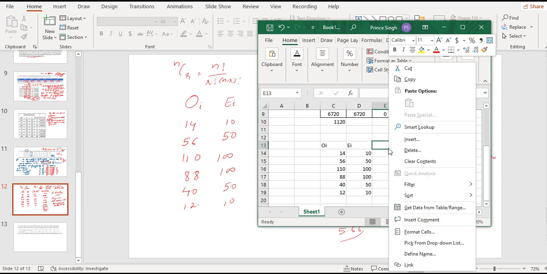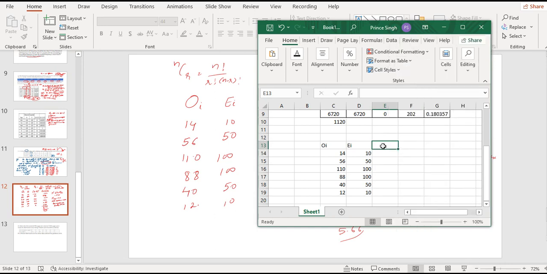Because these are the binomial coefficients, so we can easily calculate their value here. Observed frequency minus expected frequency, its square divided by expected frequency, right?